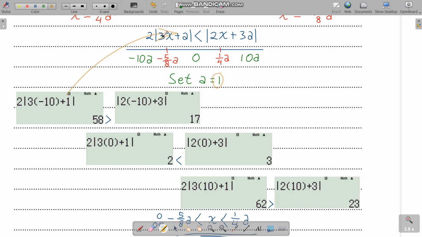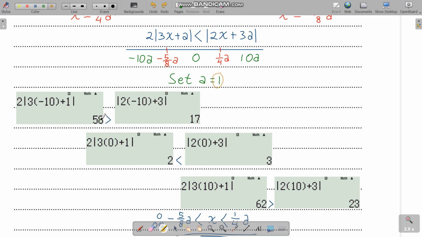If you plug in using a calculator, use the ABS button, shift and something, to get the absolute value function. So we use the ABS function in the calculator, plug in minus 10 on the left, and on the right we plug in minus 10 also, and see what we get.